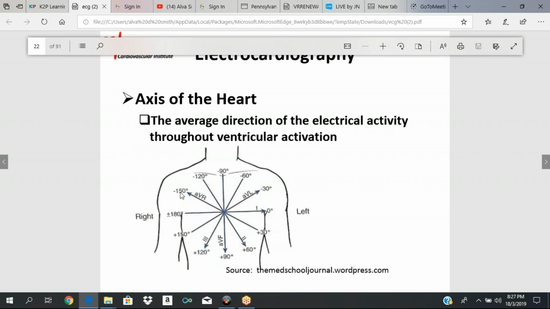Positive AVR is minus 150. So negative AVR, you have to go in the opposite direction, the complementary angle. So negative AVR is plus 30. You just move in the opposite direction. This is the positive quadrant. So negative AVR is plus 30. All right. So let's look at the axis.